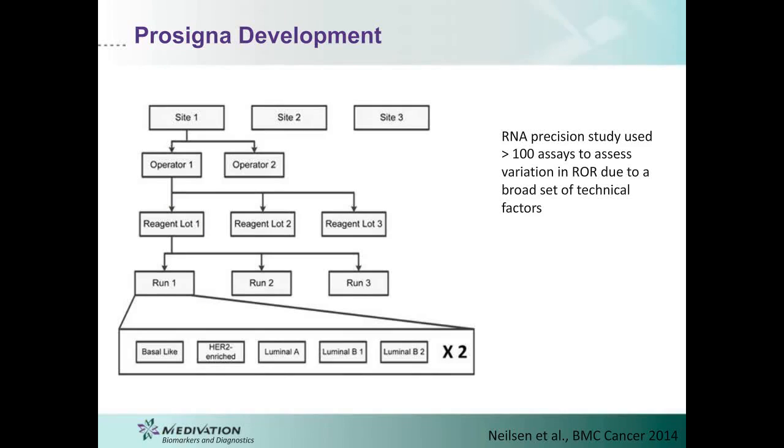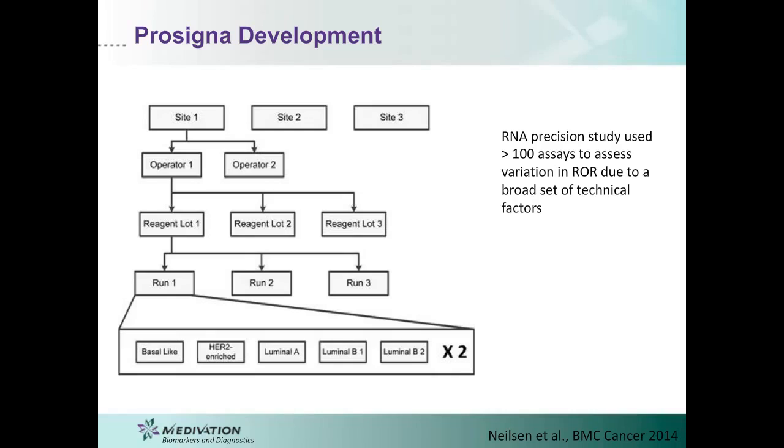And in developing this assay, a number of very in-depth studies were performed on behalf of NanoString and in collaboration with myself and other academics in order to ensure repeatability and accuracy of this assay. The first such set of experiments were described in this paper by Nielsen. In this RNA precision study, there were greater than 100 assays used to assess variation. So there were a set of 10 samples. These were basically one for each subtype: basal, HER2-enriched, luminal A, and luminal B. I guess 2 forms of luminal B here.